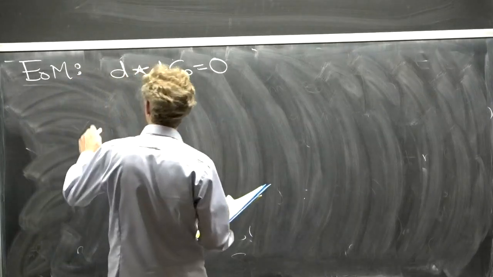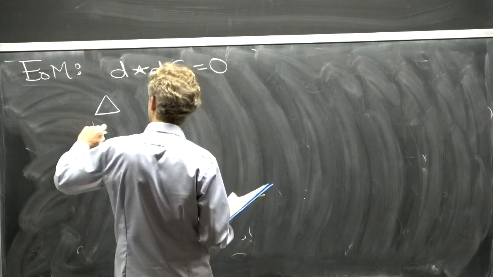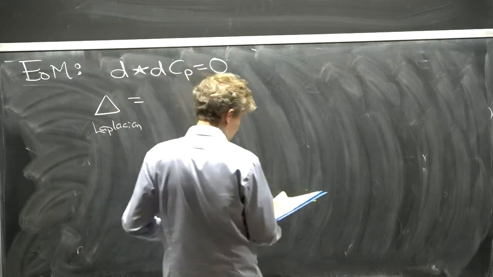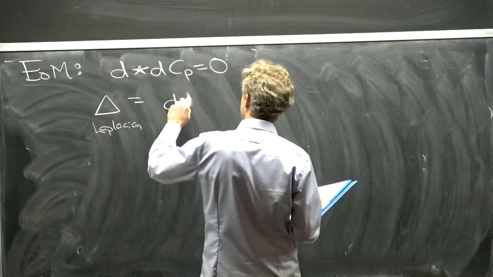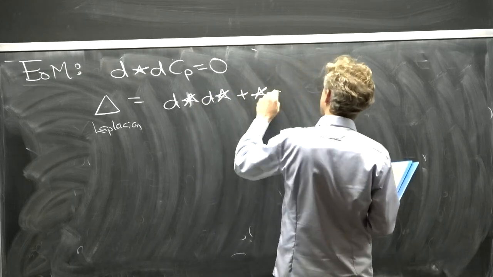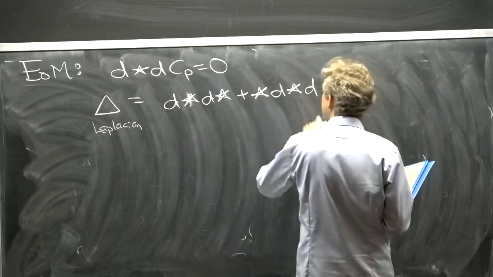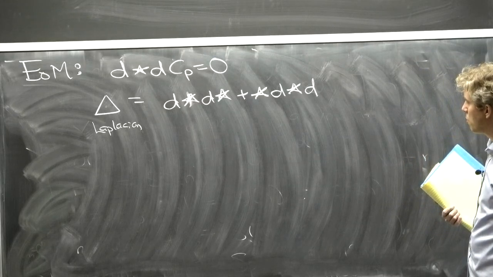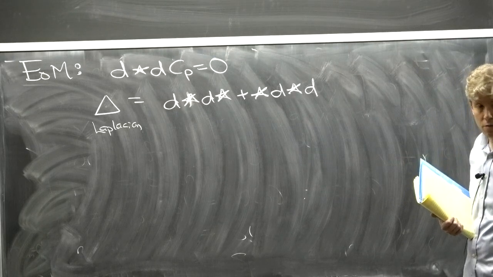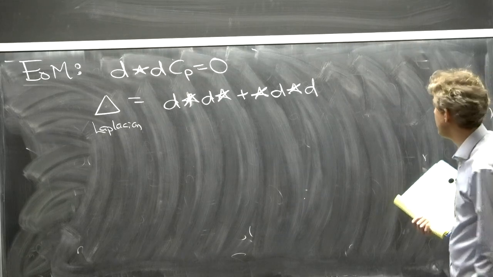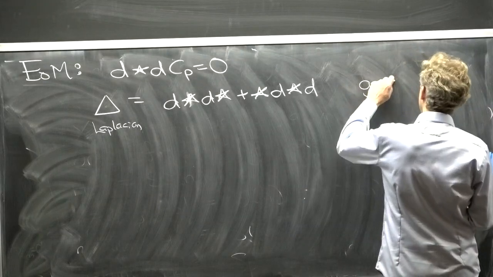And the Laplacian is equal to d star plus star d star d. If this is unfamiliar, this also was spelled out in full detail in the notes. It's just a convenient way of writing the Laplacian. And we're going to make a gauge choice.